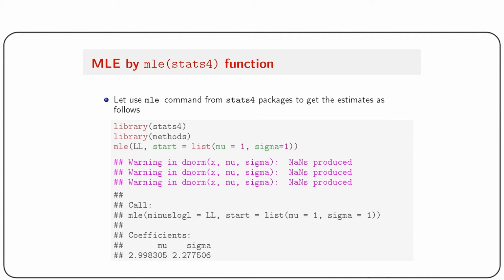But if not, you can load the methods package, and then you can just run mle(LL, start equals list with the initial values mu equals 1 and sigma equals 1). You will get some warnings here that NAs are produced, and the results would be given like this. The coefficient mu is 2.99 and sigma 2.27.